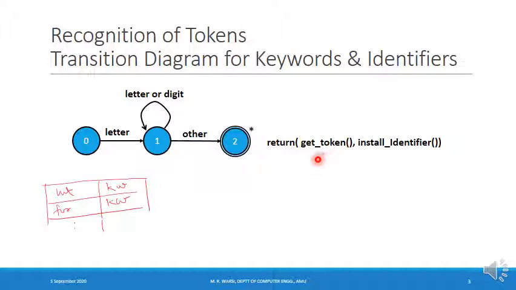Get token function will return identifier if it is identifier, and if it is marked as keyword in the symbol table, then get token function will return that keyword as it is.